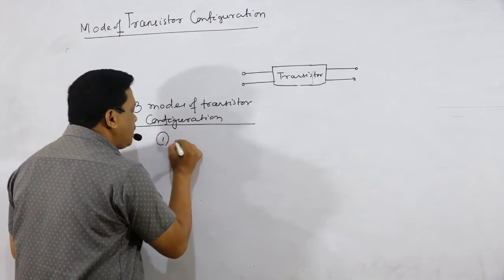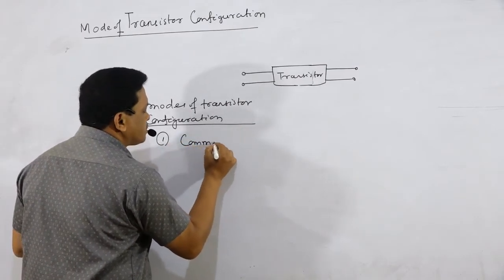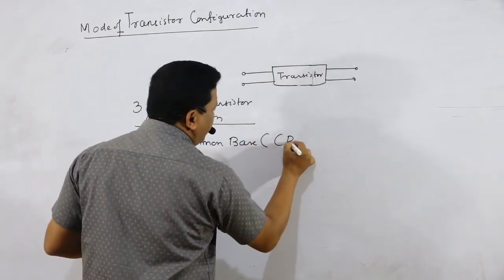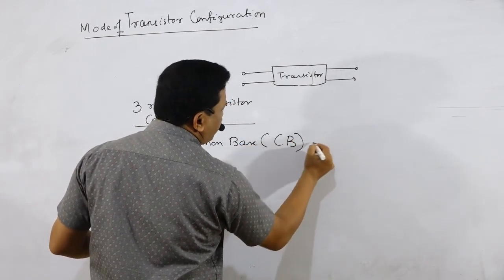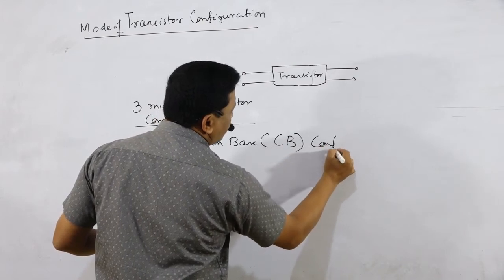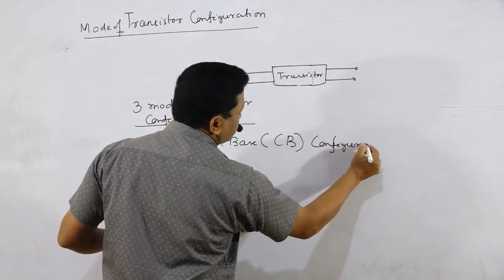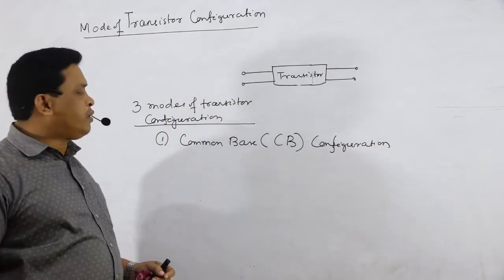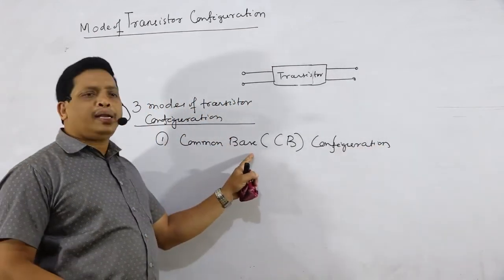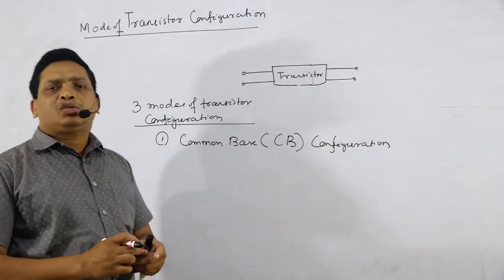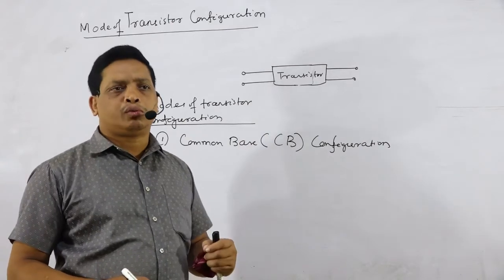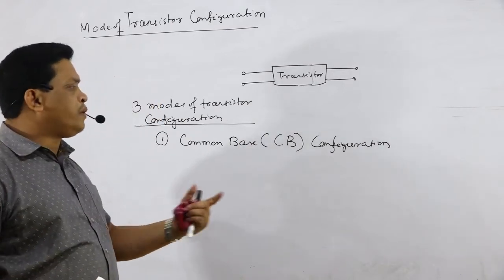Number one, common base, CB, common base configuration. In this type of transistor configuration, the base terminal of the transistor is common to both input and output. So that is common base configuration.